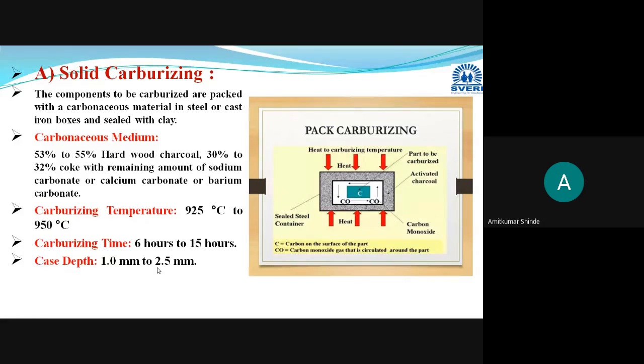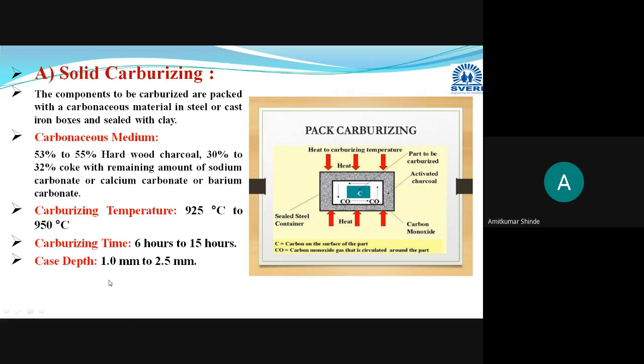And out of these three types, solid, liquid, and gas carburizing, solid carburizing takes more time, as it is a very slow process. You can see here it requires more time for the carburizing. And whichever case hardened depth is obtained, the hardness achieved is non-uniform, because the distribution of the carbon will be non-uniform, and it will end up with a non-uniform layer or non-uniform hardness on the surface.